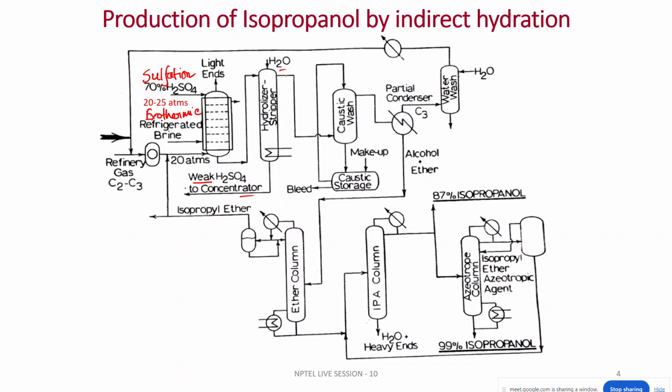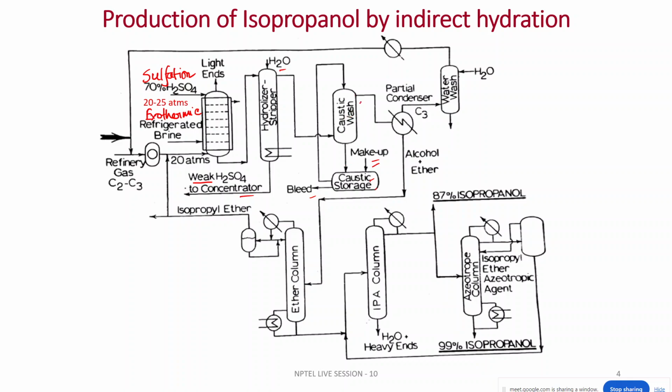After the hydrolysis reaction, the product is further taken to the caustic wash, where the rest of the H2SO4 acid is neutralized by reaction with caustic soda, and the effluent can be taken to the caustic storage and bleed, and we can also recirculate it for the next batch of caustic wash.